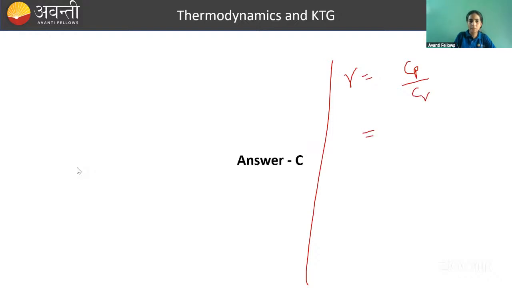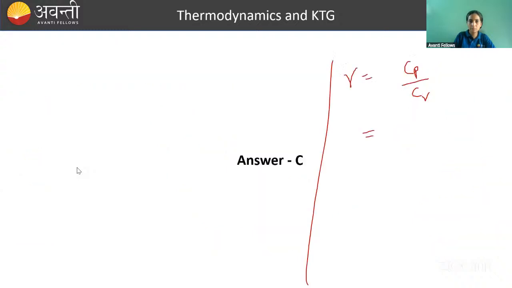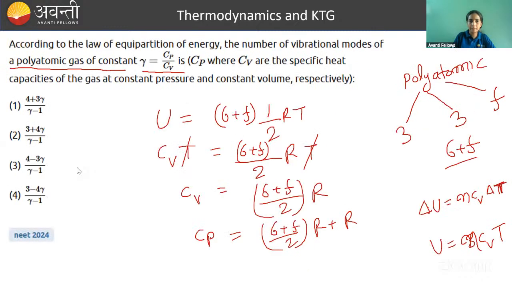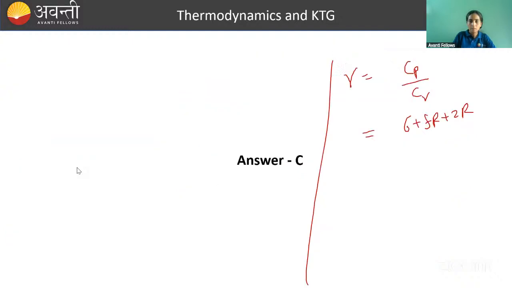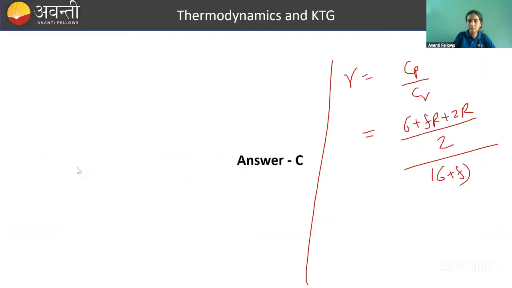आप एक काम करो, Cp by Cv लिखो. कितना होगा ये? This is (6 plus F)R plus 2R, है ना? Divided by 2. And this divided by how much? 6 plus F R by 2.